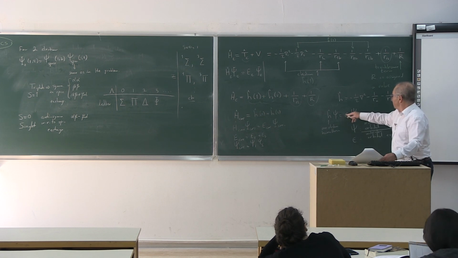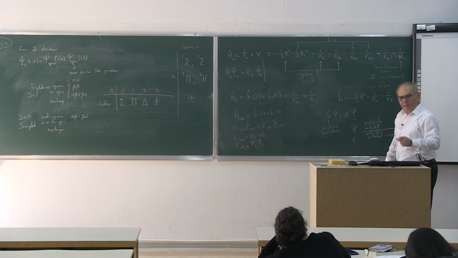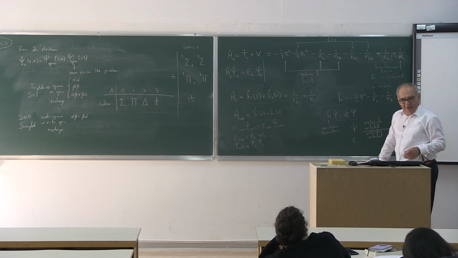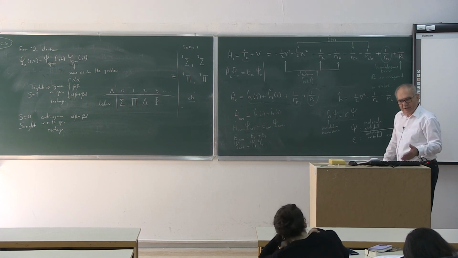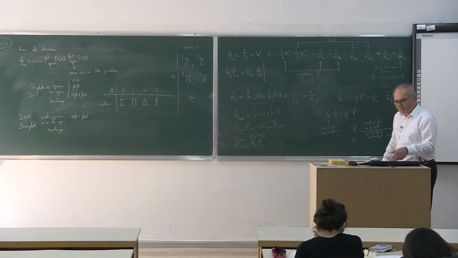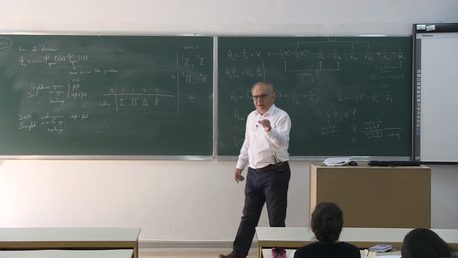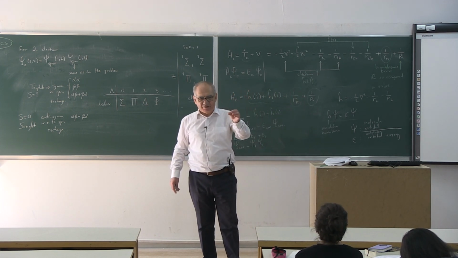Now, even though this equation with this Hamiltonian is a one electron Schrödinger equation, exact solutions of this equation are not easily found, in contrast to the atomic case. In the atomic case, for a single electron, we have the hydrogen-like atom.